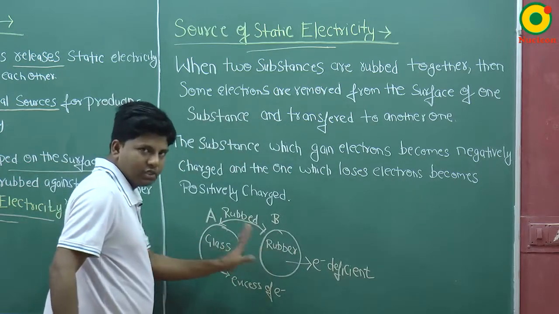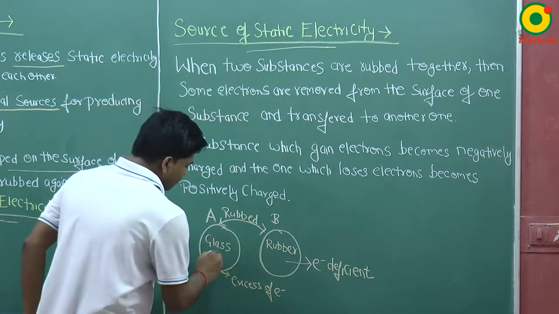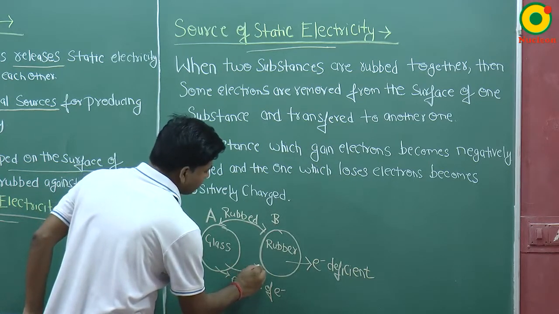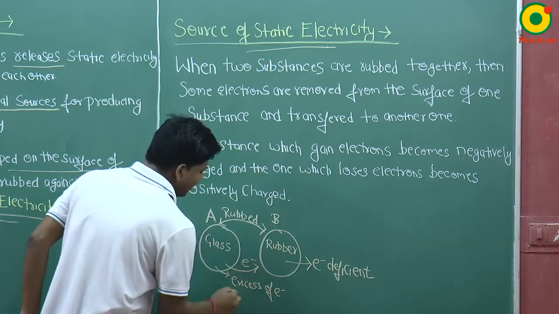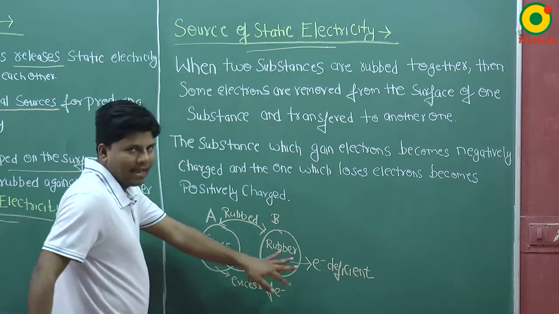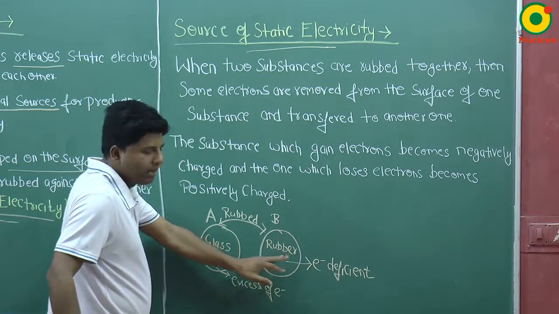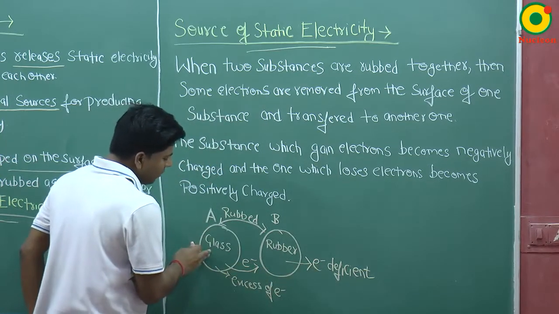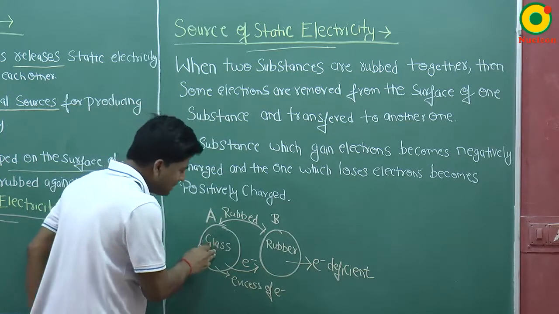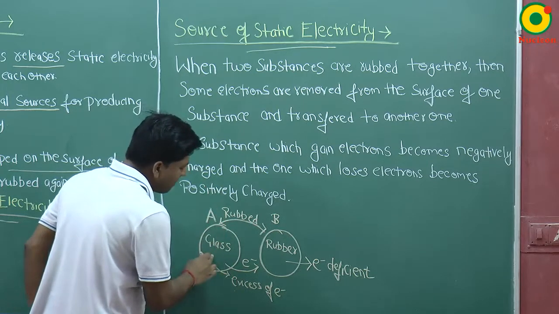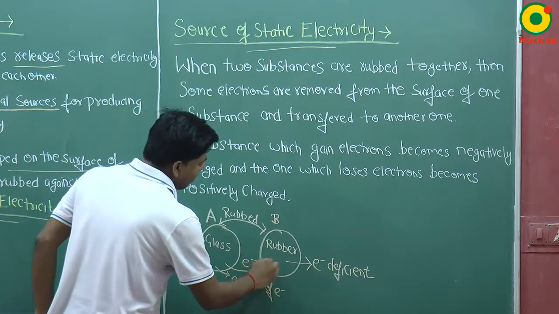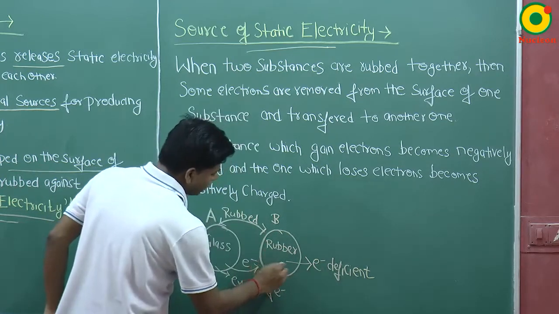So when we rub these two bodies together, this glass will tend to lose electrons as it has an excess of electrons, and body B, which is made up of rubber, is electron deficient. So whatever electrons body A has in excess will be transferred to body B, and body B will absorb those electrons.